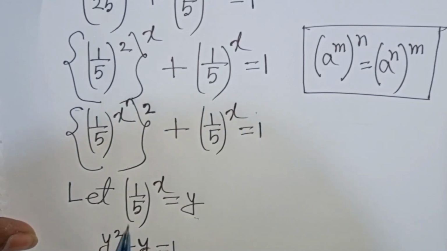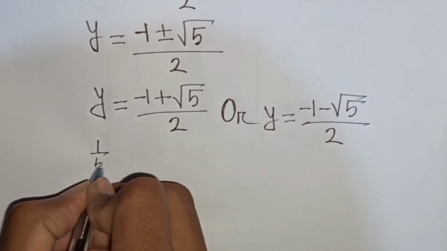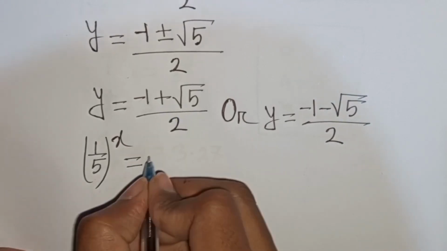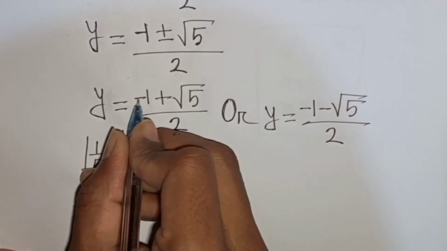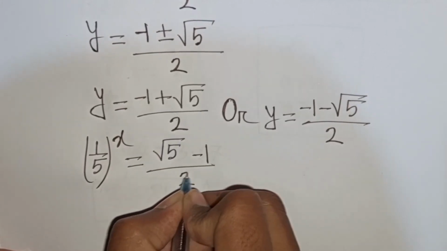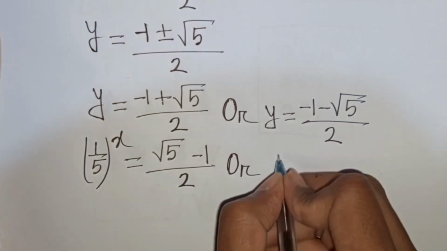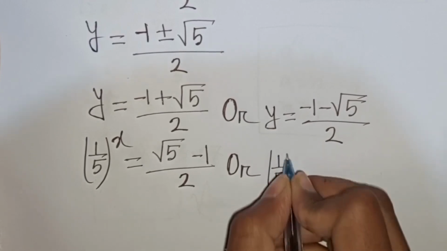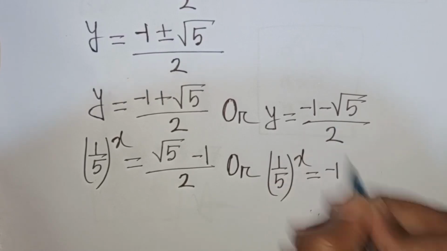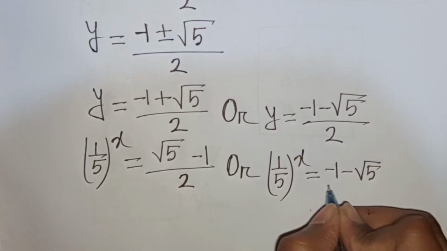So y, that means 1 by 5 bracket power x is equal to a square root of 5 minus 1 divided by 2, or 1 by 5 bracket power x is equal to minus 1 minus a square root of 5 divided by 2.